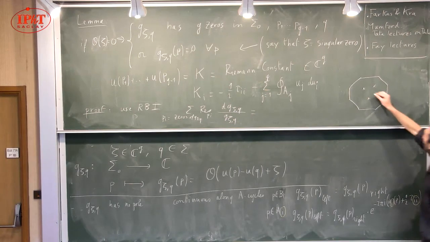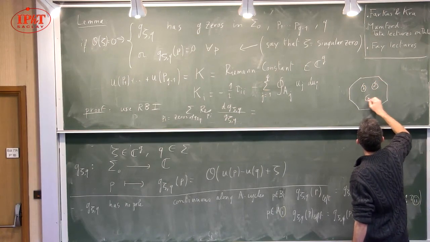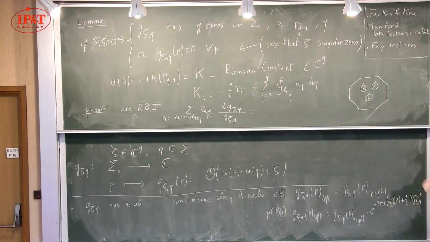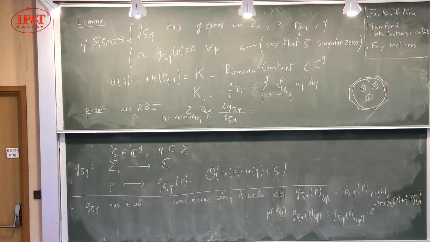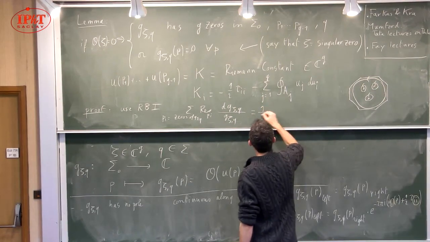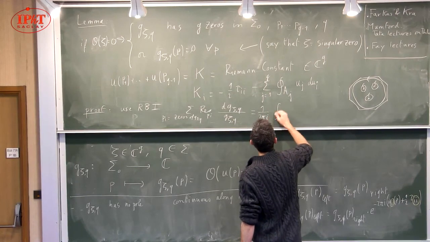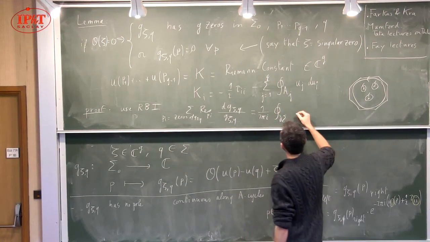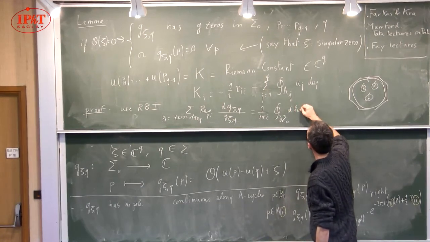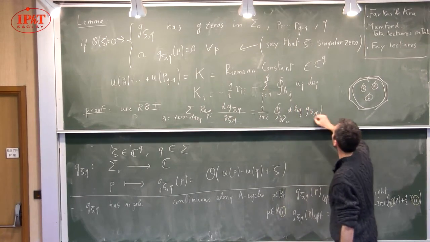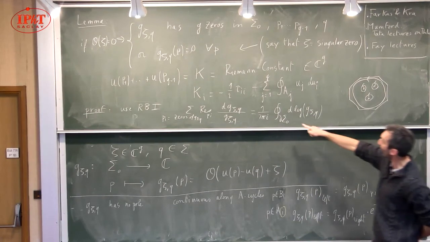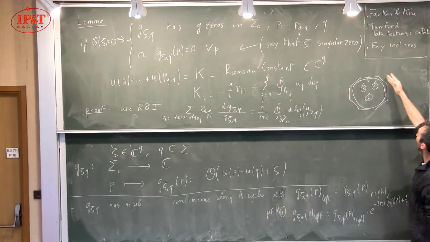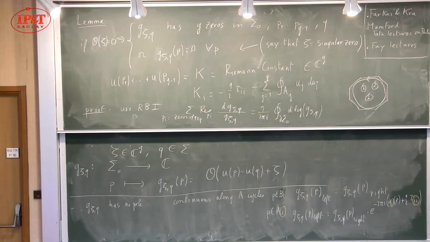The sum of residues of all poles is the number of such zeros, and you can deform the contour to say that it's equal to 1 over 2 pi i times the integral over the boundary of sigma 0 of d log g zeta Q. And again, you decompose the boundary of sigma 0 into the sum over left side minus right side of all A and B cycles.